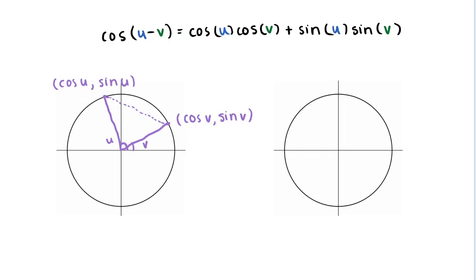All of the lengths will be the same still, but the positions of these points will be a little bit different. If I rotate this entire triangle back by an angle of v, that angle v will go to an angle of 0. Maybe I'll draw with a different color here.